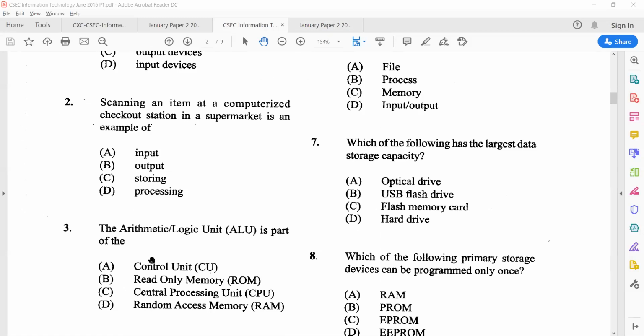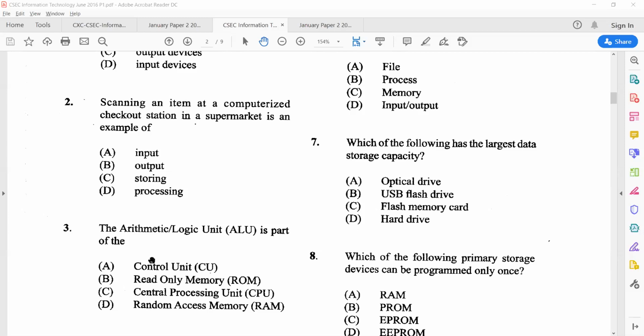Okay, I see some answers coming in the chat. Yeah, number 6 was D. Right, yes. Okay, so the answer for number 7 is D, the hard drive.